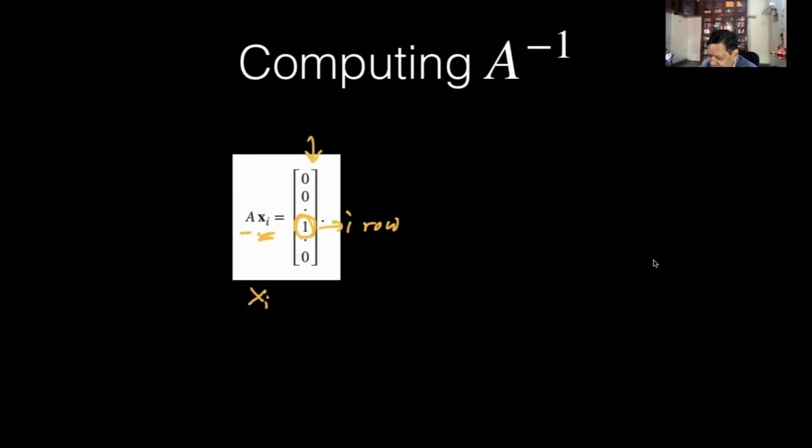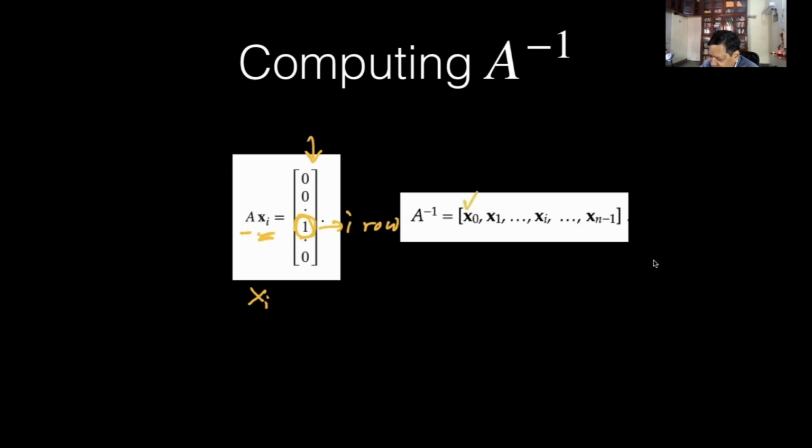Then you do it for all i, i equal to 0 to n minus 1. Once I know x0, x1, x2, x3, I arrange them in a row. These are all columns, column, column, column. So this is a matrix, and this matrix is A inverse. You can check yourself that this indeed is the A inverse matrix. I can multiply this from the left and check whether I get the identity. I will not show you, but it's easy to see. So that's the A inverse matrix.